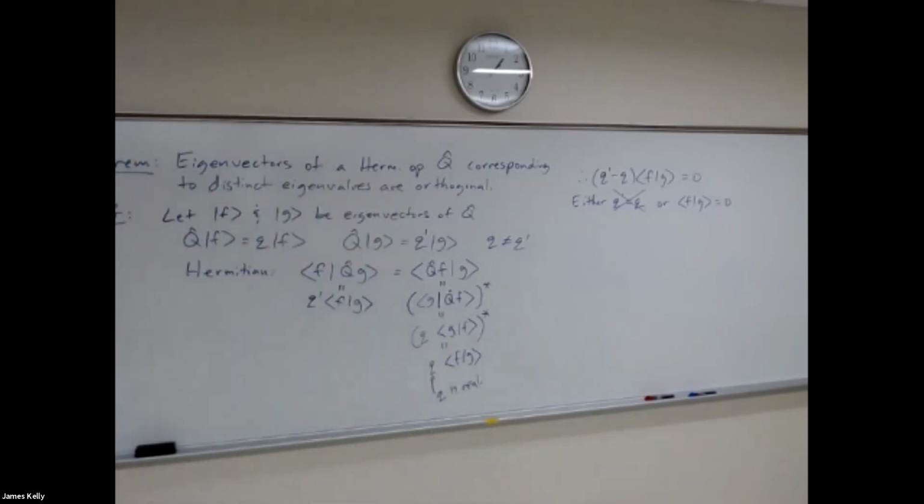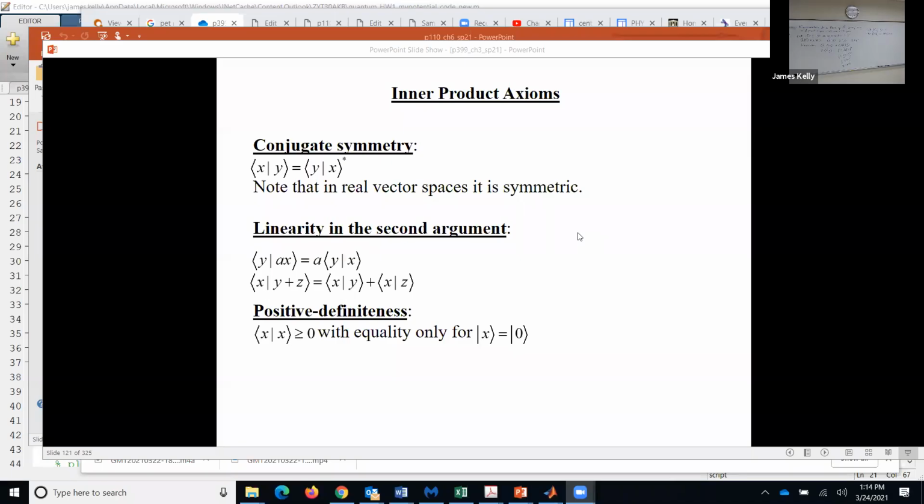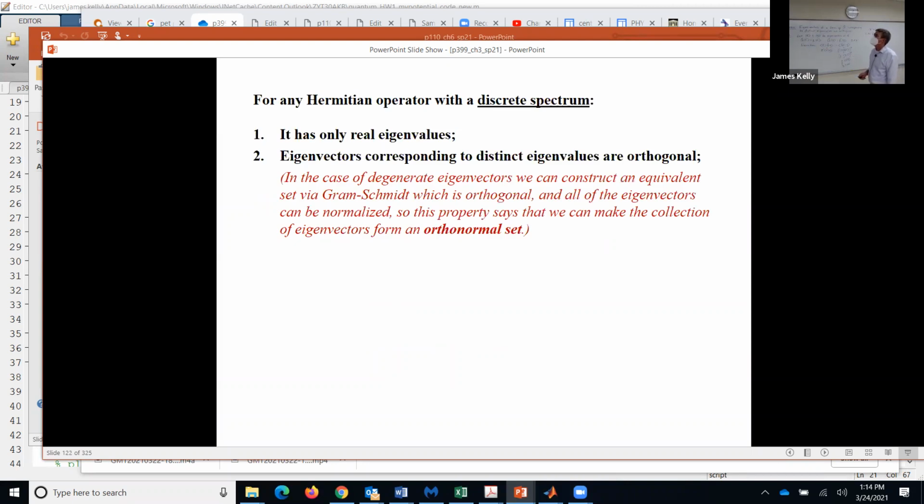All right, let's go back to the slides now. Let's see where we are here. Okay, so we've just proved these 2 important properties, and we're about to add one onto it, okay? Hermitian operator with a discrete spectrum.